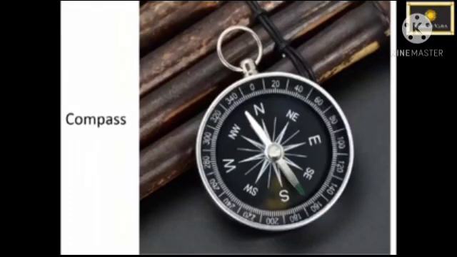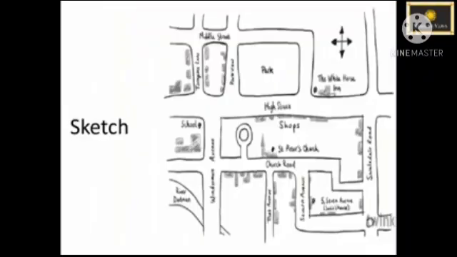How can we find direction? Normally, we use a device called a compass to find directions. It was invented by the Chinese. Sketch. A drawing based on a memory is called a sketch.